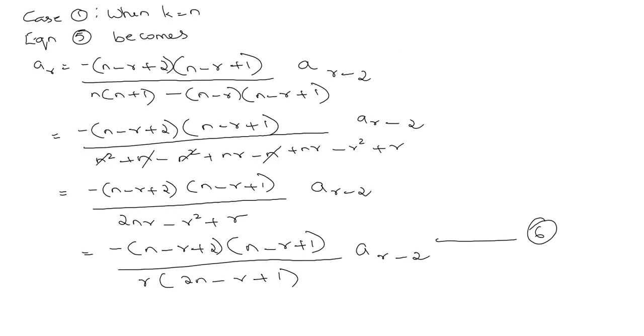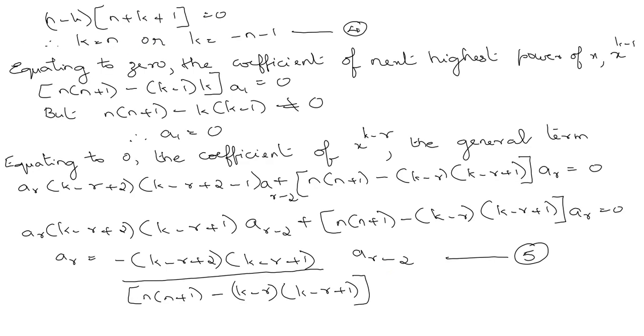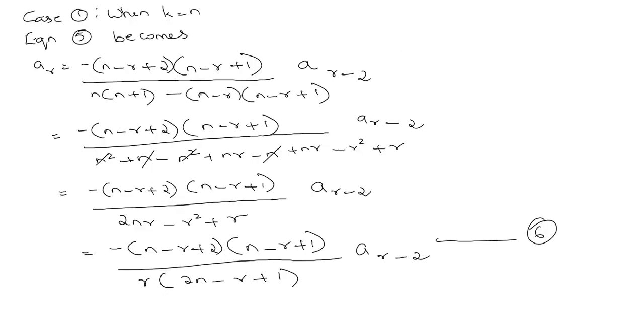So now we need to take the first case, that is when k is equal to n. When k is equal to n, we can write equation number 5 by putting k equal to n. That is written here. ar is equal to minus (n minus r plus 2) into (n minus r plus 1), divided by n into (n plus 1) minus (n minus r) into (n minus r plus 1), into a(r minus 2).